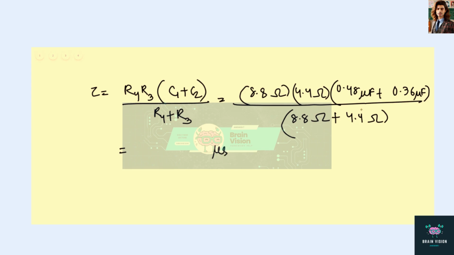If you are confused, just convert these into farads in order for your units to be consistent. So we solve this and we get tau to be 2.5 microseconds.